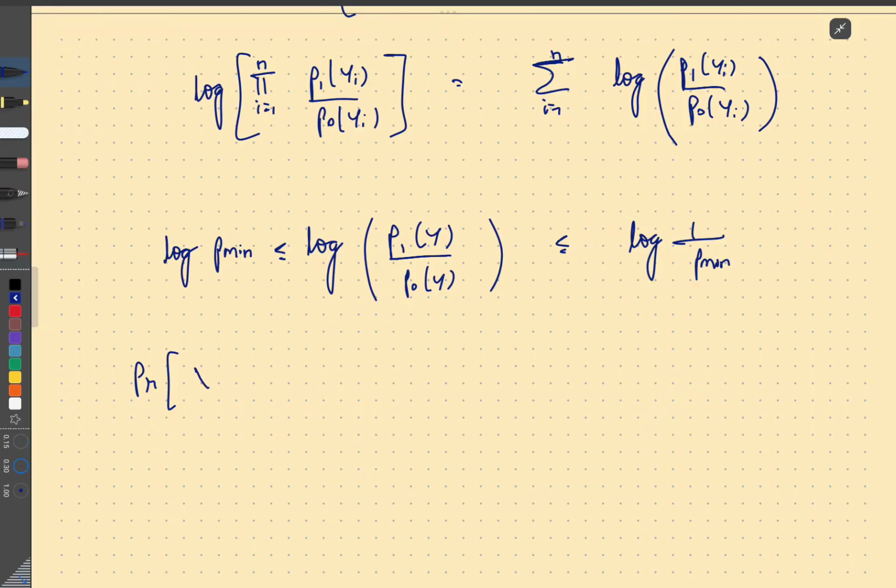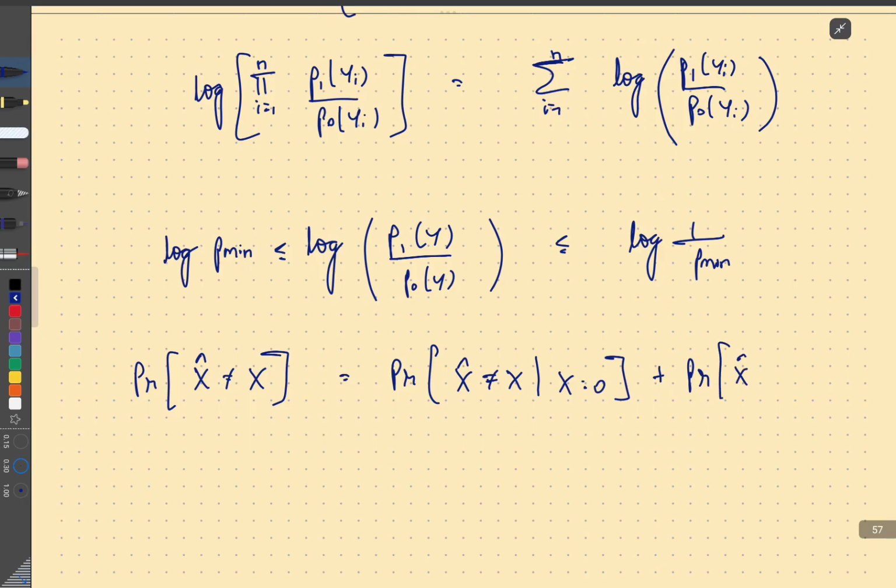So the probability of error, X hat not equal to X, for this particular likelihood ratio test is the probability that X hat not equal to X given X equal to 0 plus the probability that X hat is not equal to X given X equal to 1, times the probability of X. So we're assuming that X is equal to 0 or 1 with probability half, so it is equal to this.